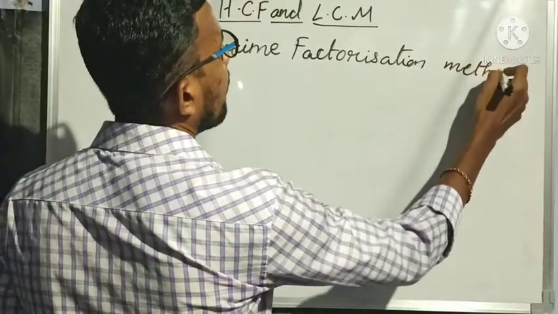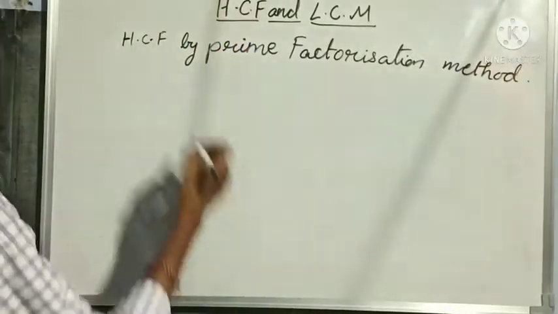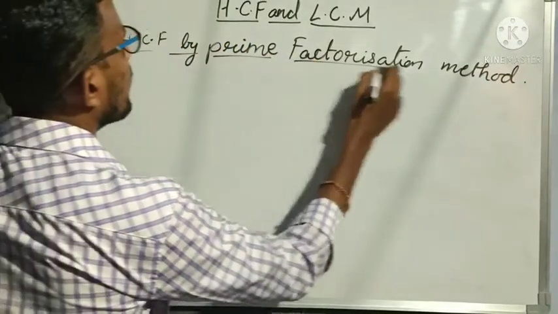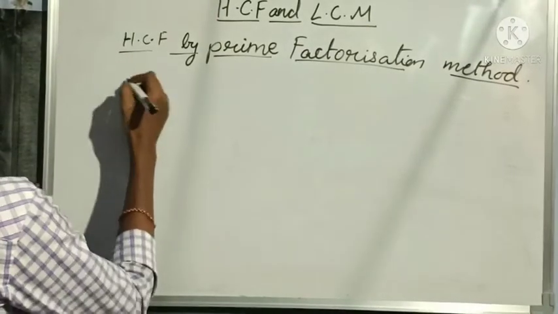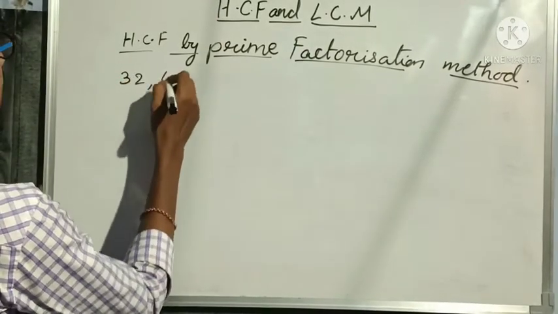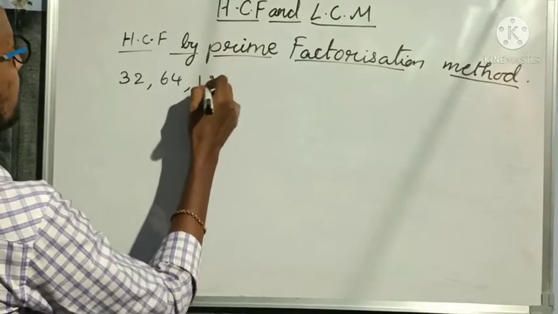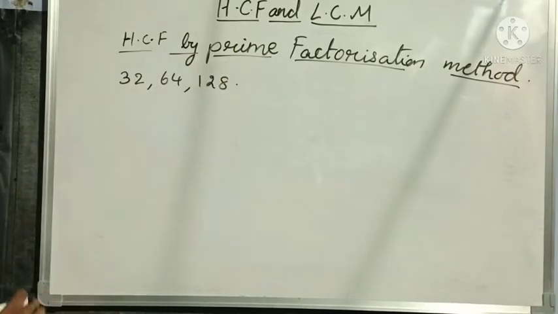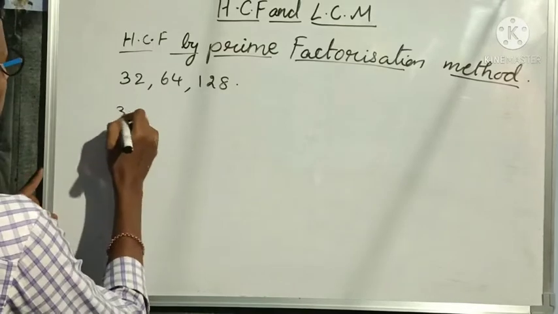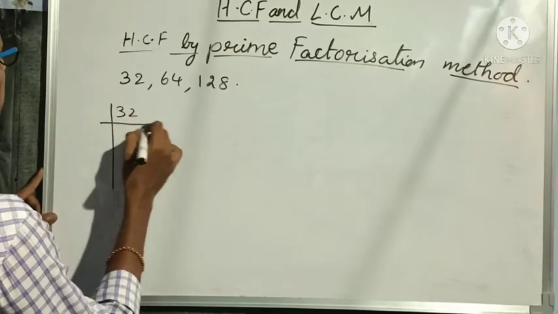Suppose we take 32, 64 and 128. I want to find the HCF of 32, 64 and 128 by the prime factorization method. How is it possible? So first take 32.